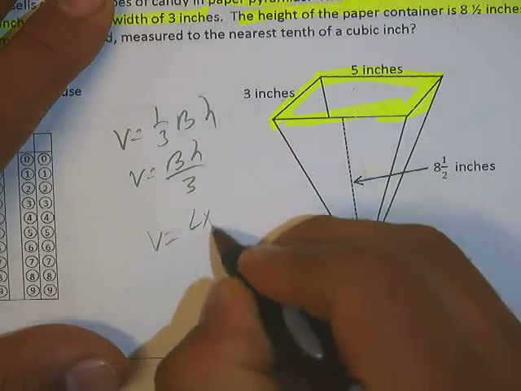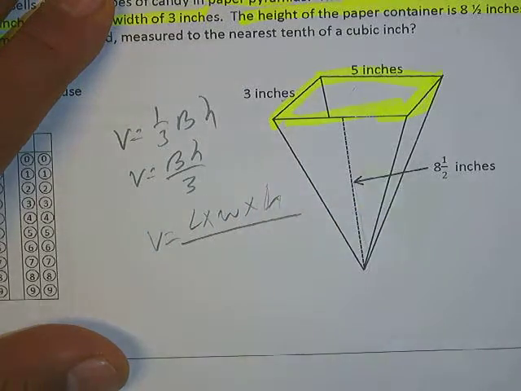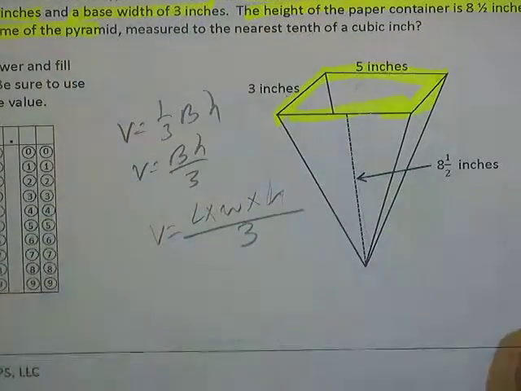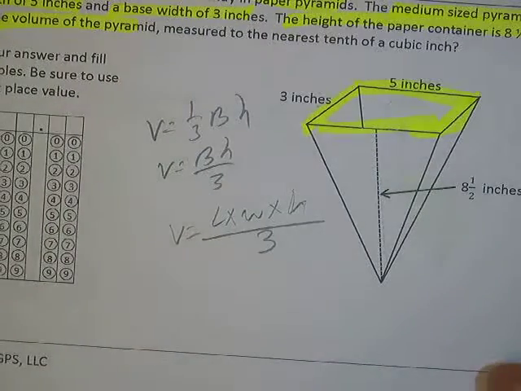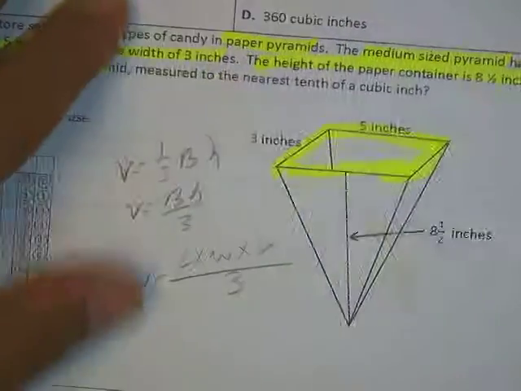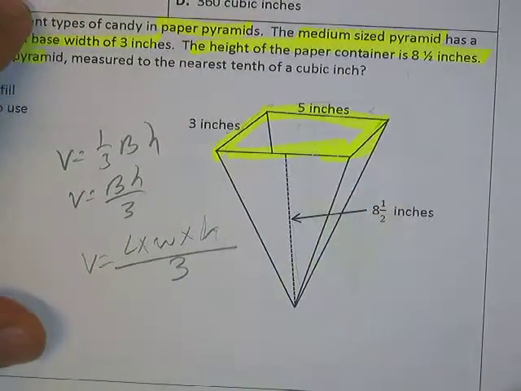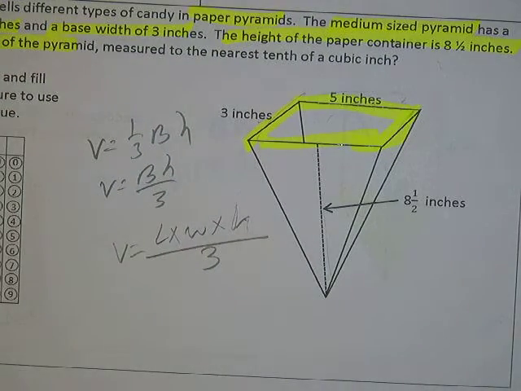So think, what is the volume there? It's a pyramid. Automatically you have to think 1/3 area of the base times the height. Of course I can rewrite that as area of the base times the height divided by 3. Even easier, because my base is rectangular, only because it's rectangular, I can do length times width and then times height, and then divide that by 3.